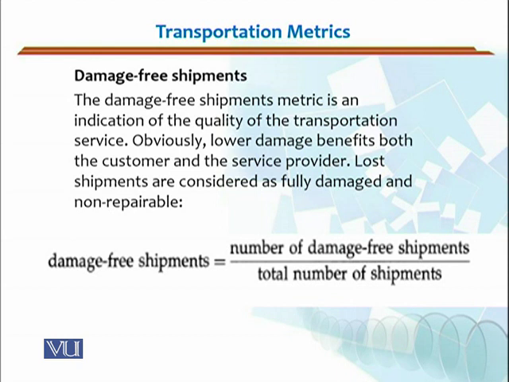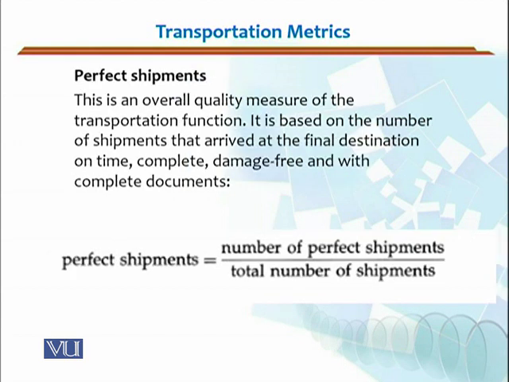So damage-free shipments is equal to the number of damage-free shipments divided by total number of shipments. Even if there is some partial damage to the shipment, it would come under the head of damage-free shipments.